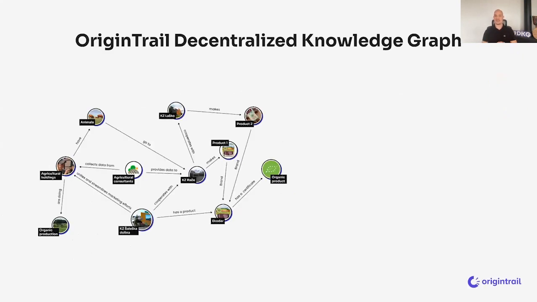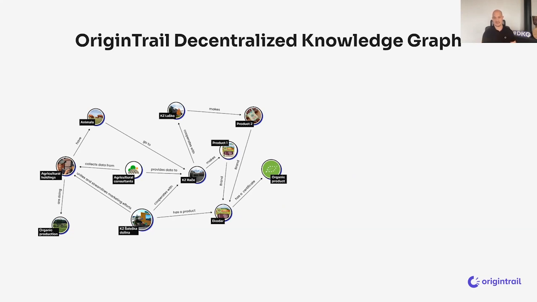Well, it is a decentralized knowledge graph, and this means it's kind of an interesting combination of technologies. If you never heard of such a term before, I'll try to explain it very briefly. So in a way, it is a graph of connected assets or things. And we can represent all kinds of interesting things with it.